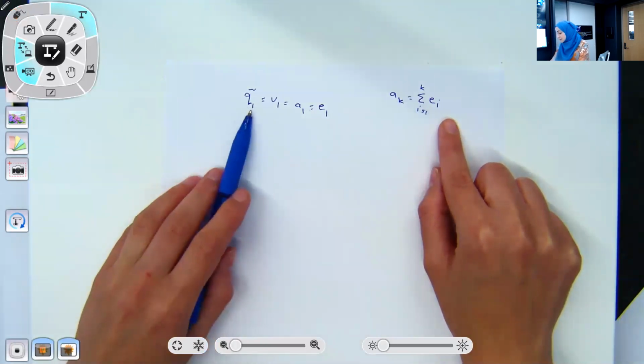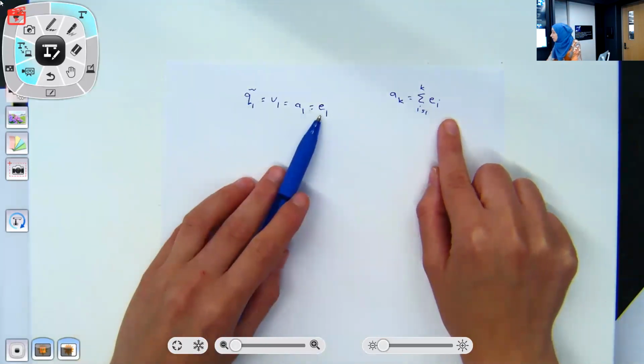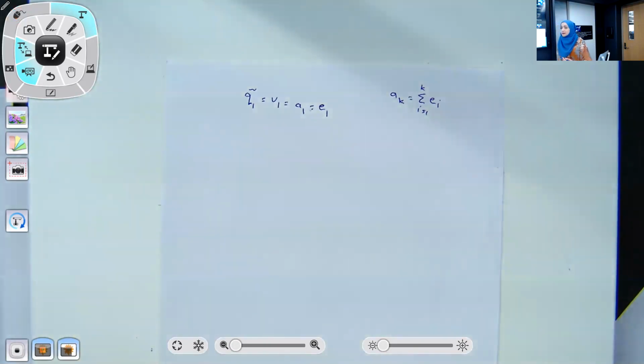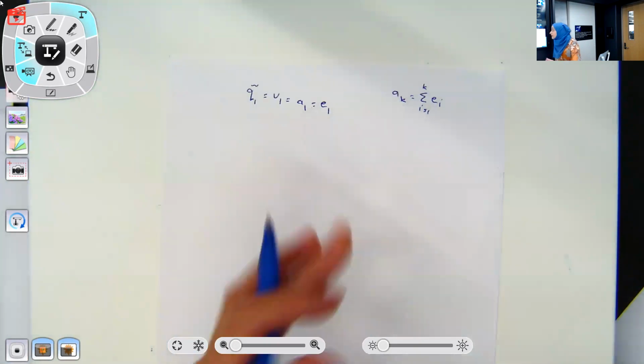So q1 tilde equals e1. And we know from Gram-Schmidt, when q1 tilde is not equal to 0, that means the vectors are linearly independent. When it's equal to 0, we can say that they are linearly dependent and we can quit the algorithm. But now it's not equal to 0, so we need to continue.